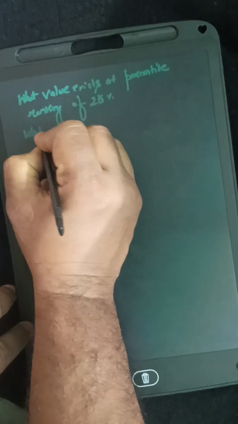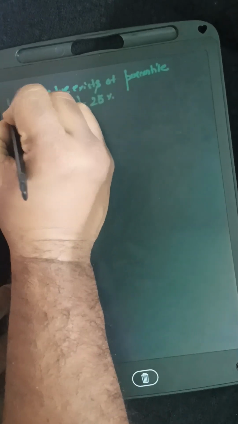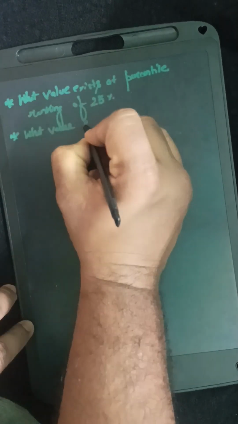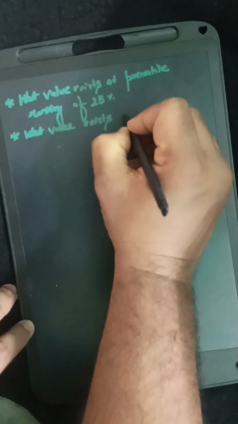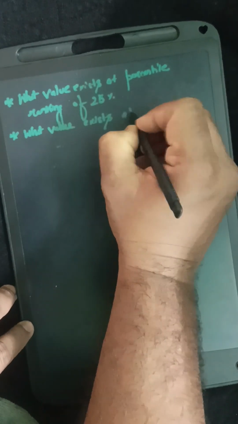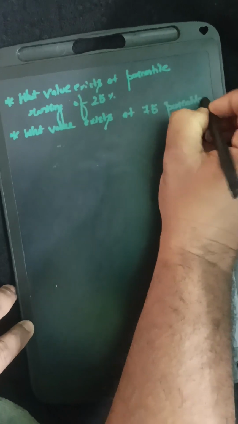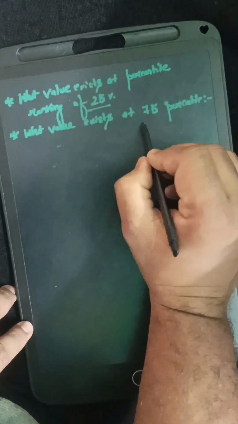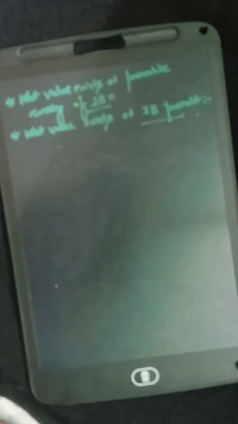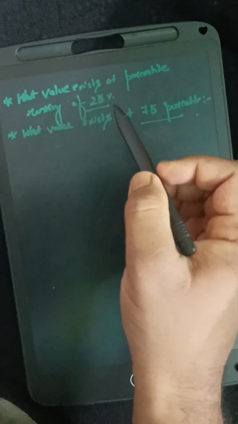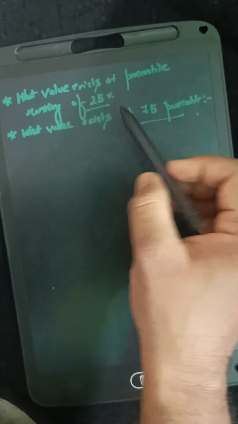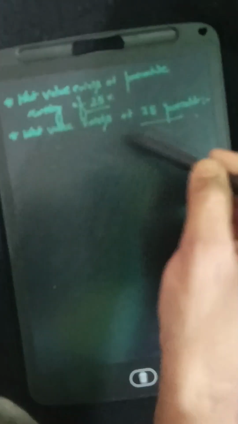And also, what value exists at the 75th percentile? We need to find out these two data basically from the data set, that is, which element within the data set is at the 25th percentile and which is at the 75th percentile.